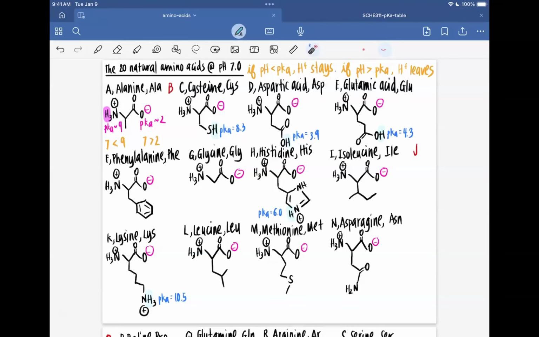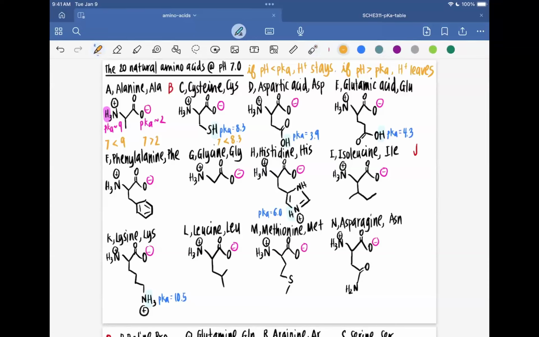Now, what we see here in blue is the pKa for each ionizable proton that is a member of a side chain. So using our rule of thumb again, we know that our pH is 7, and the pKa here is 8.3. 7 is less than 8.3, which puts us in this first scenario, where the proton will stay.